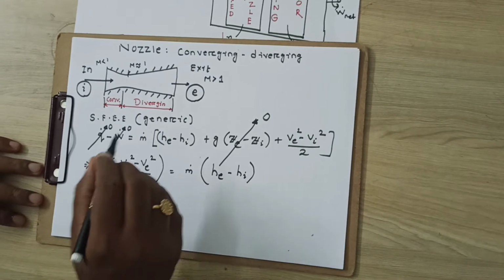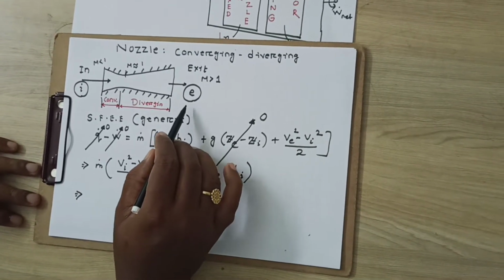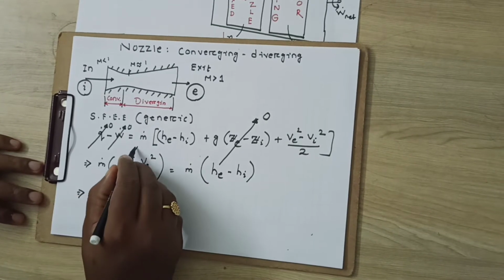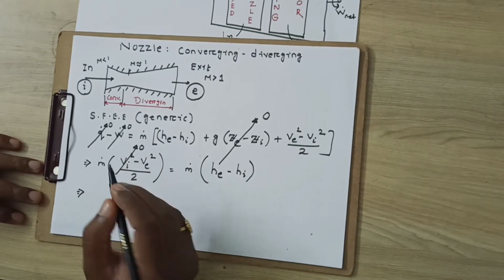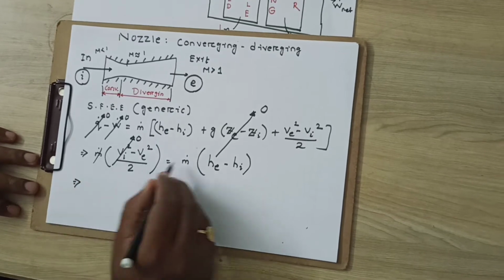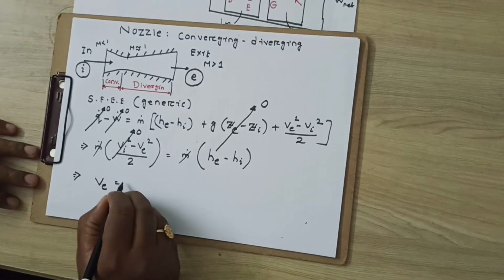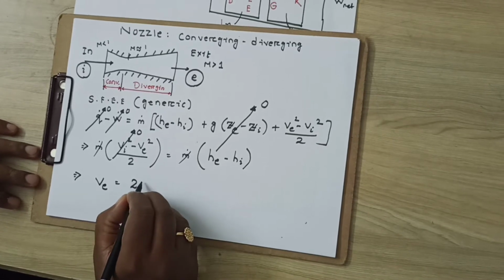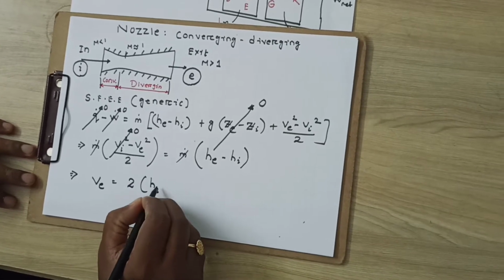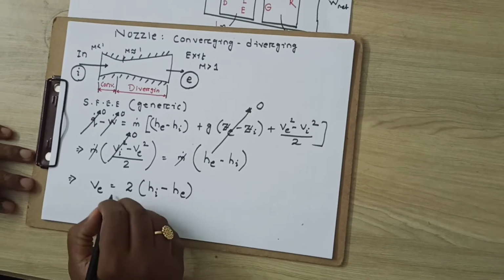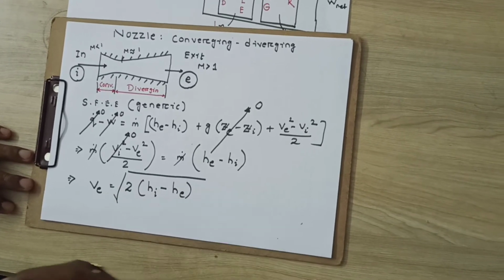In comparison to the exit velocity, the inlet velocity is very small, so Vi can be safely ignored. Mass also cancels out. Then Ve will be the square root of 2 times (hi minus he).